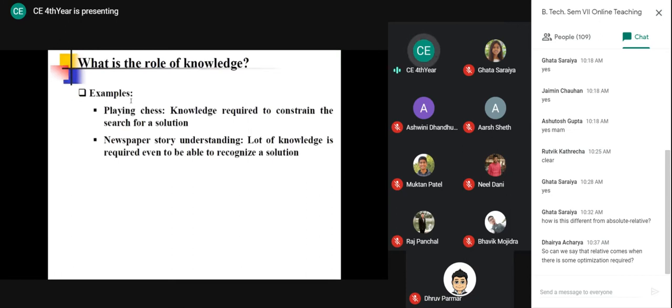Now, another is newspaper story understanding. For that, I will give you an example. Consider the problem of scanning a daily newspaper to decide which papers are supporting the Democrats and which are supporting the Republicans in some upcoming election. In this case, we need a lot of knowledge to answer such a question.